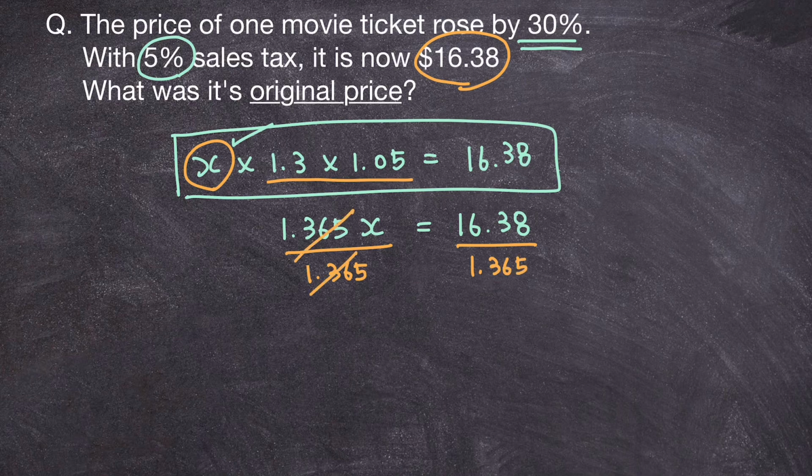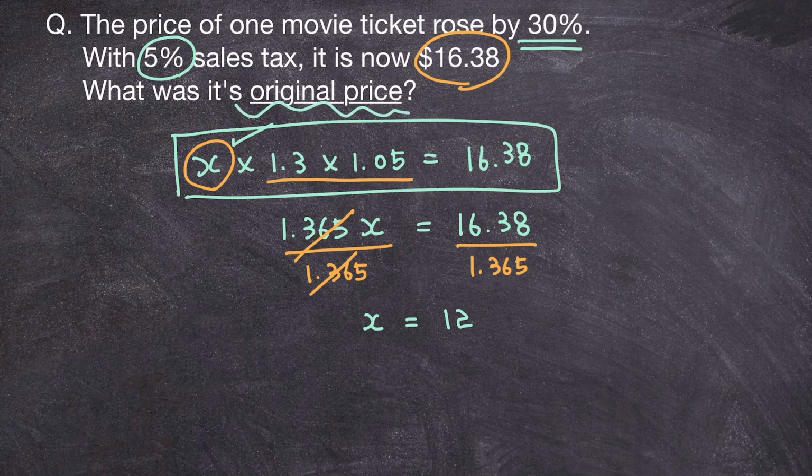Now the coefficient is removed, and I can say that x is equal to 16.38 over 1.365. And if I calculate that using my calculator, I get 12. So x was our original price.